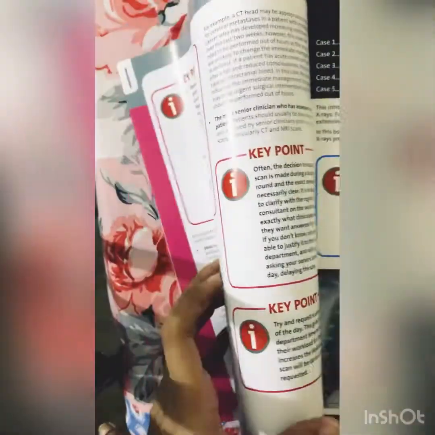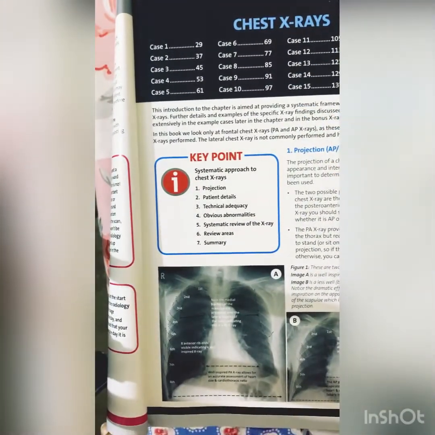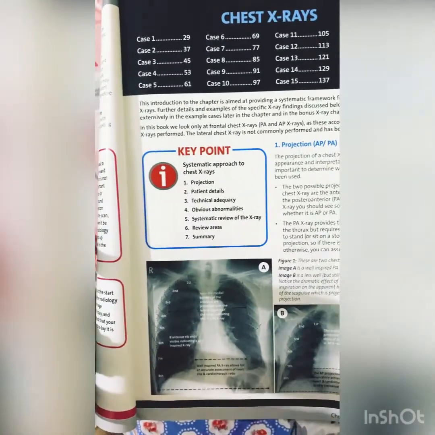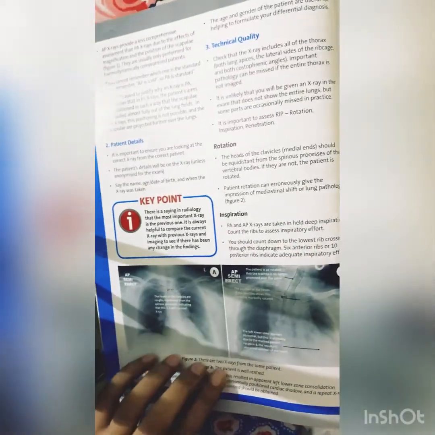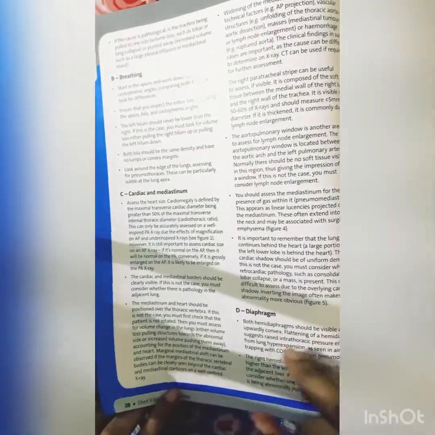First of all, there is an introduction of the X-ray, as we have discussed earlier. Then comes the section of chest X-ray, in which first of all there is the introduction of how to interpret the chest X-ray, what we have to look for, and what the normal and abnormal findings are while assessing the chest X-ray.